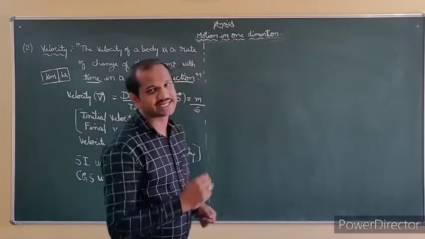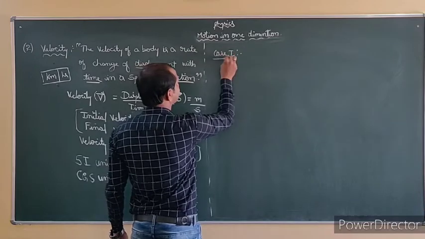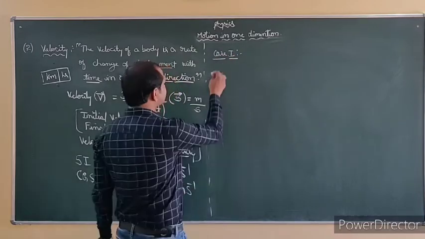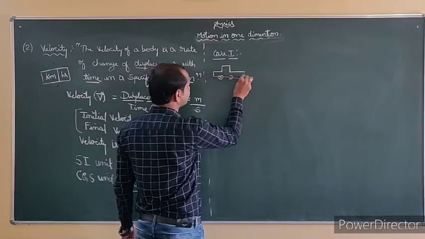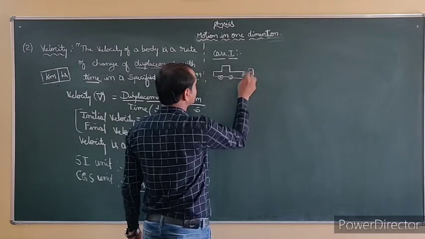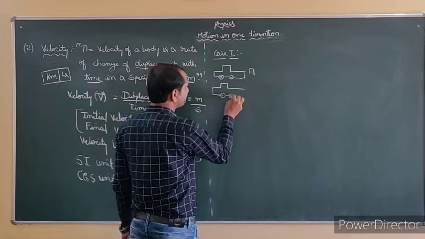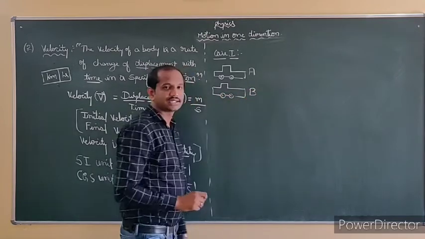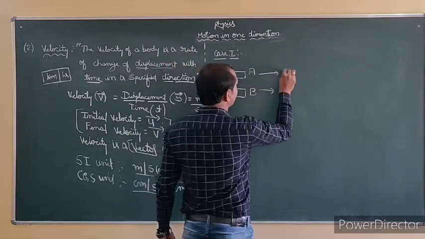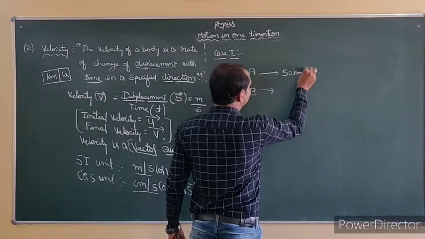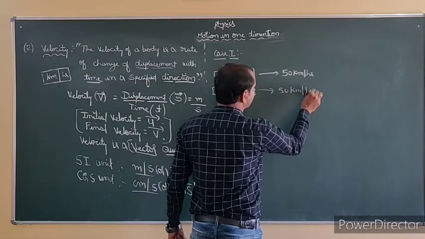Now quickly let us see what the three cases are. Then you will understand why. So let me take case 1. In this case, I am considering two bodies. Consider a car A, and one more car B. This car is moving with the speed of 50 km per hour.